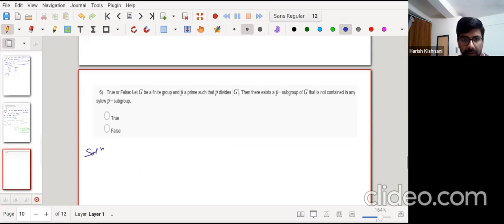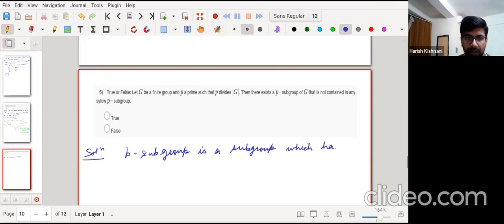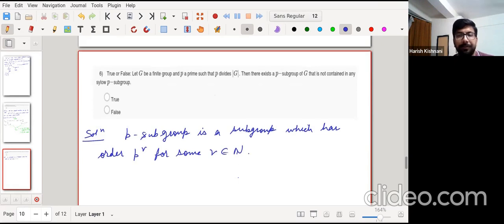So a p-subgroup is a subgroup which has order p^r, let's say, for some r belonging to N. Okay, so the statement is, if you have a finite group and p is a prime dividing the order of G, then there exists a p-subgroup of G that is not contained in any Sylow p-subgroup.